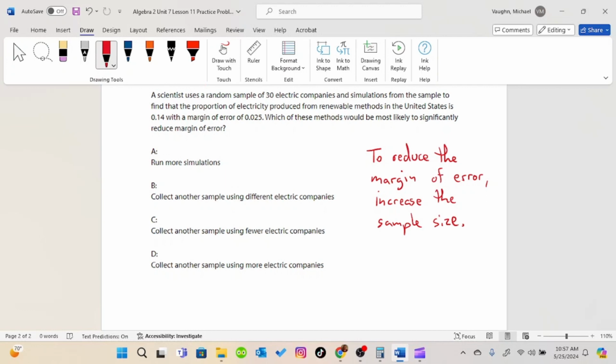So if we go through these choices, running more simulations will not necessarily reduce the margin of error. So it's not A.